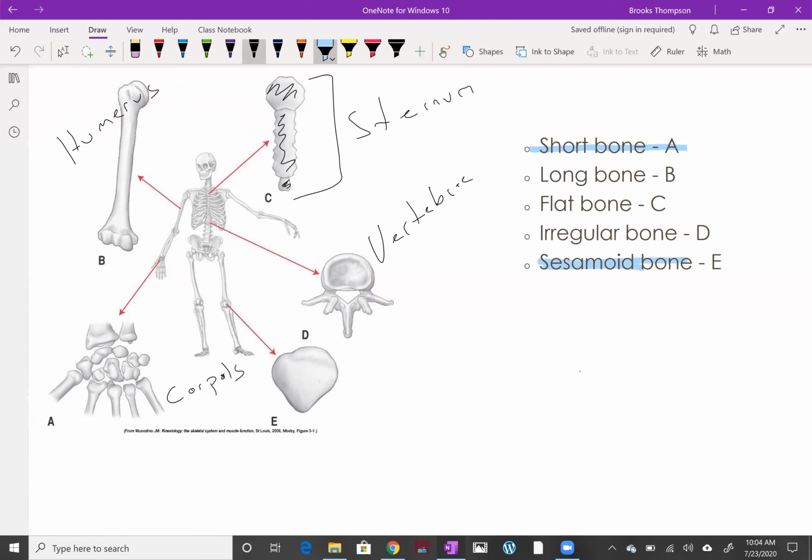So this here is the patella. And as we get to different parts of the body, we'll talk about other sesamoid bones. But what makes a sesamoid bone unique is that it is embedded in a tendon. So there's a couple others we'll talk about throughout this term. But that's what makes something a sesamoid.